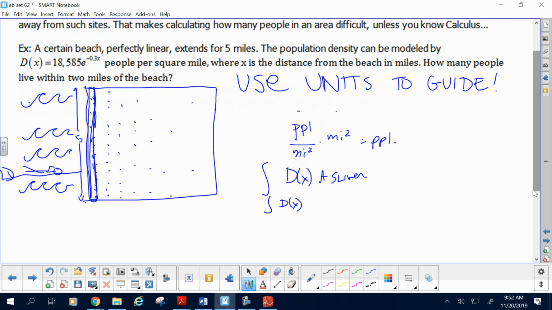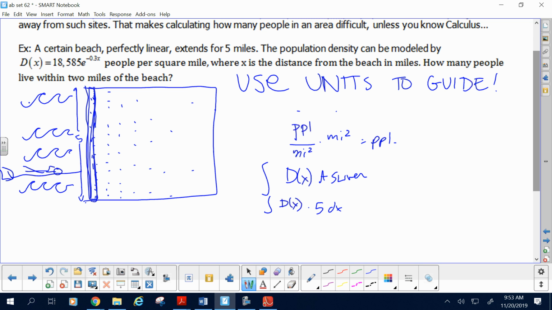So talk to me about that little sliver. dx wide and maybe you're overthinking. It's just 5. 5 dx. Okay? Now the limits of integration, x is the variable of integration. And what does x represent? Distance from the beach.